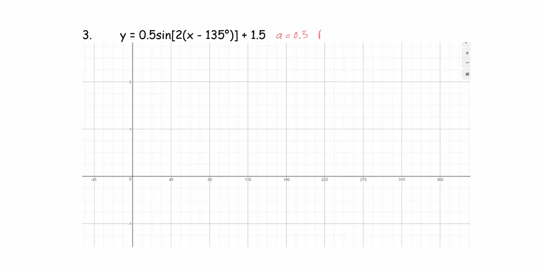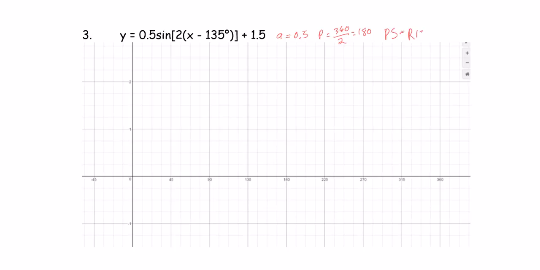Our period P is going to be 360, and we take that and divide by 2, which is 180 degrees. Sorry, 180 for its period. The phase shift, that is minus 135. Remember, it's opposite world, so it's basically moving to the right 135 degrees.